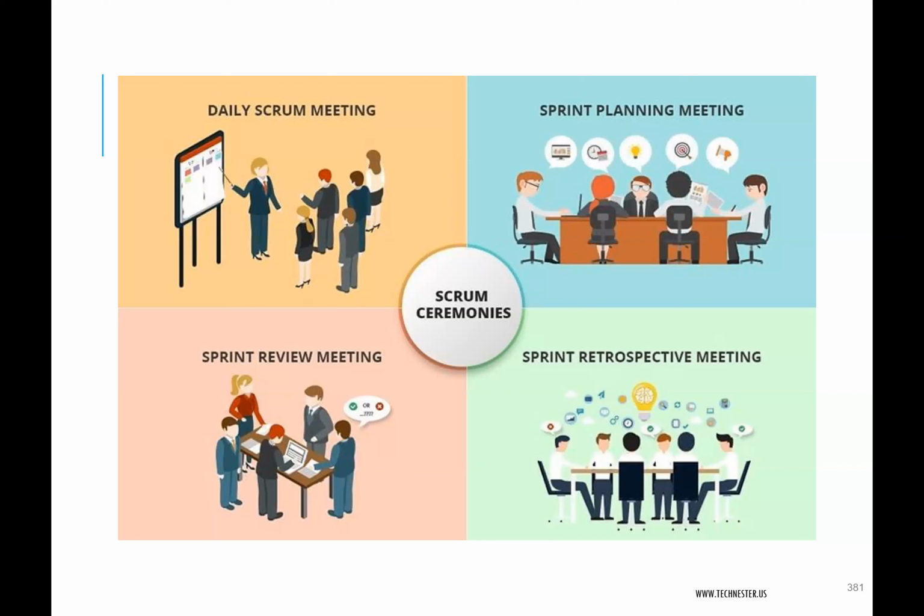So it will happen on the first day of the sprint. The members of the Scrum team meet and they look at the prioritized items in the product backlog, and they figure out which ones they can do in that sprint.